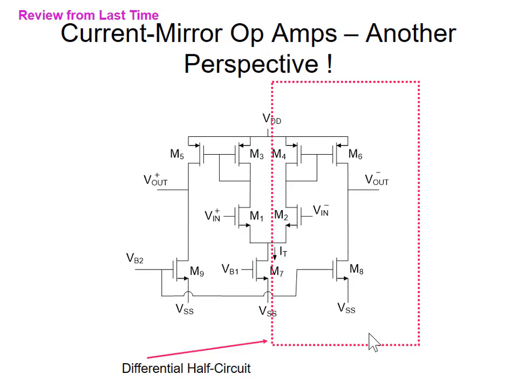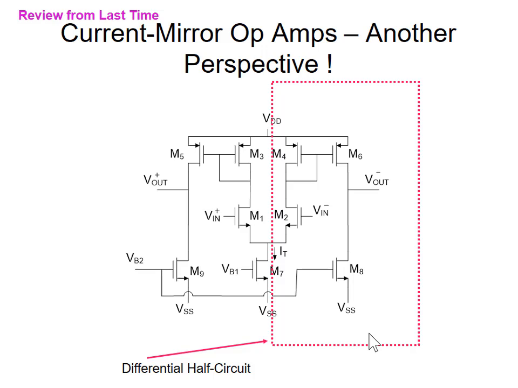At that point, we have 3 mirrors. We have a mirror on the top, on the right, a mirror on top on the left. This signal on the left here will get mirrored to here, doesn't go to the output, then it gets mirrored through the M9, M8 mirror back into here. So basically then we have 2 currents coming here in the output, one coming from the right side of the circuit, from this current mirror, the other coming from the left side of the circuit.